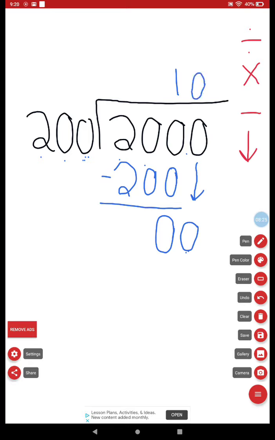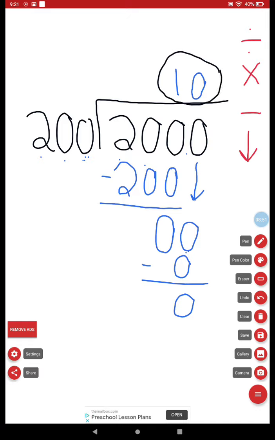I write the 0 up there. What's 0 times 200? Well, it is 0. Divide, multiply, subtract. 0 take away 0 is 0. Okay, now that I have 0 left over, I think I can go ahead and figure out my answer. What is 2,000 divided by 200? 10. 10 is my answer, 10 is my quotient.